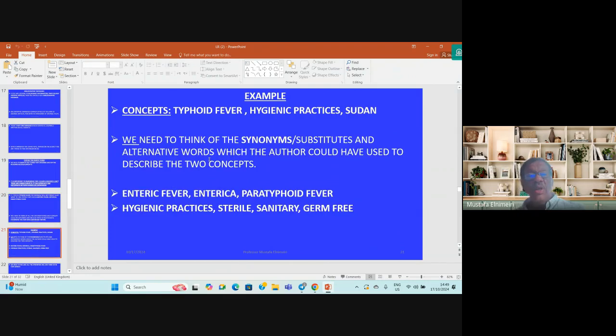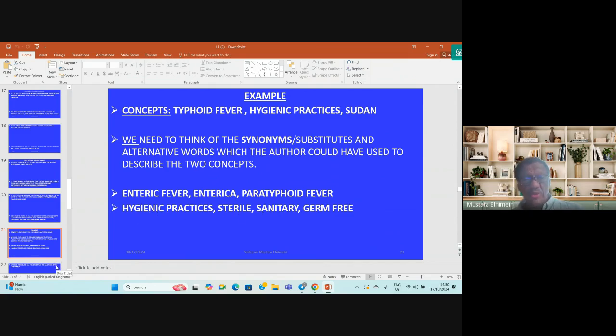For example, if we talk about the building blocks or the concepts of typhoid fever and hygienic practice in Sudan, we need to think of the substitute or synonymous or alternative words which the author could have used to describe the two concepts. For example, enteric fever, we have to add enterica, we have to add paratyphoid fever; hygienic practices, sterile, sanitary, germ-free.